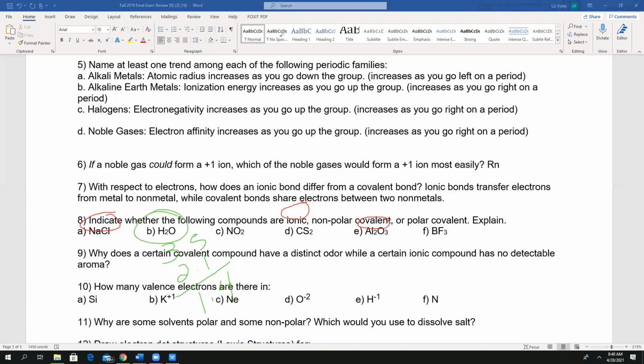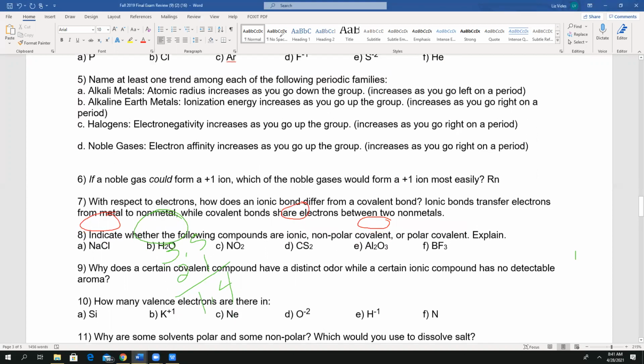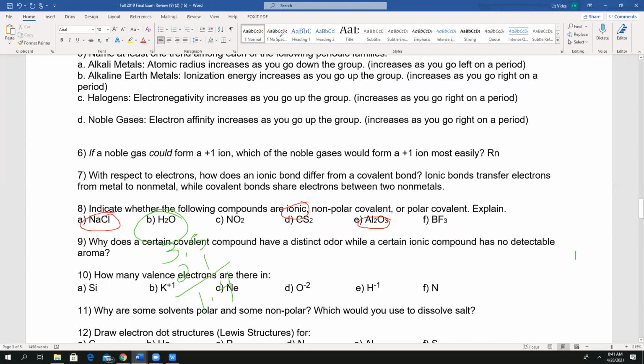So this one is going to be polar covalent, and it's supposed to be in green. This moved too much, hold on. There we go. Okay, so polar covalent is going to be in green.